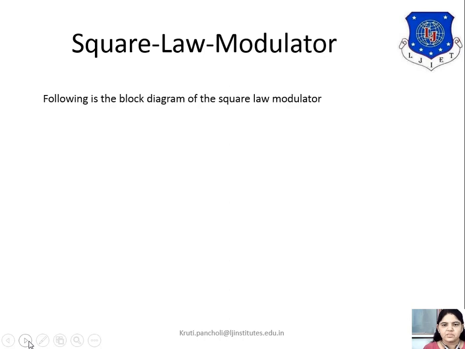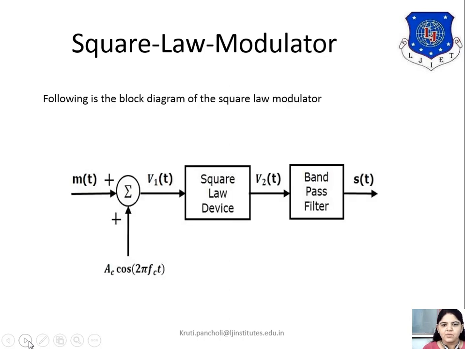Square law modulator. The block diagram consists of m(t), the modulating signal, and the carrier signal Ac cos 2 pi fc t. The summing of the modulating signal and the carrier signal produces the output v1(t).